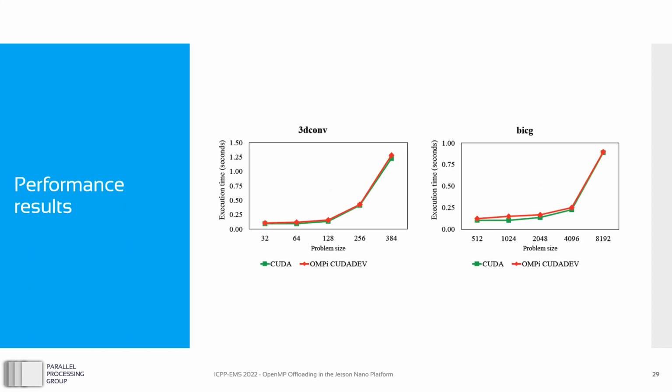Now let's begin with the first 2 applications. We see that for 3D-conf we are almost identical to the CUDA equivalent. For BICG we can see that there is a small difference in the 1024 problem size, and for the last problem sizes we see that this difference decreases.